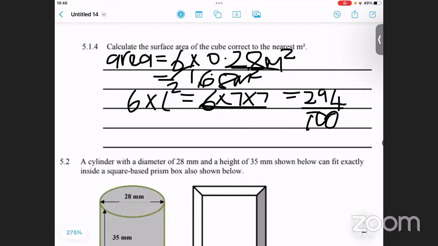Ma'am, 2.94. 2.94 centimeters, 2.94 meters squared.